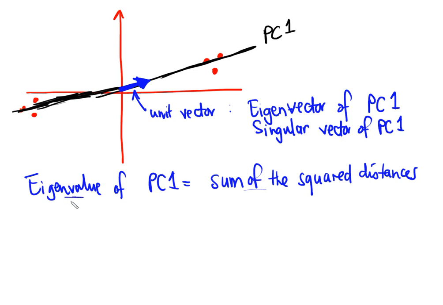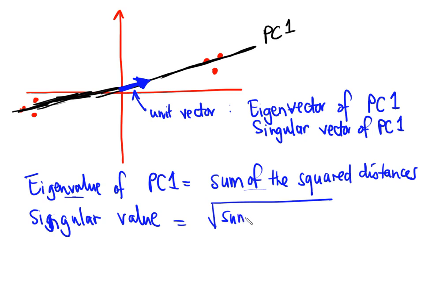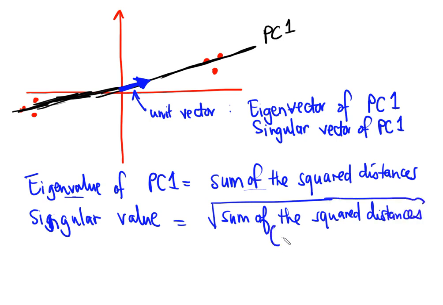It's called an eigenvalue of the principal component direction. And the square root of this eigenvalue is called the singular value. They are all interconnected, so don't worry about the terms. The singular value is just the square root of the sum of the squared distances, or the square root of the eigenvalue of the principal component.